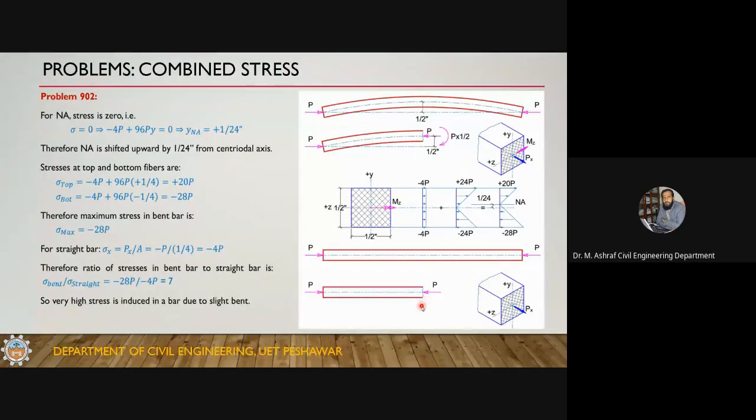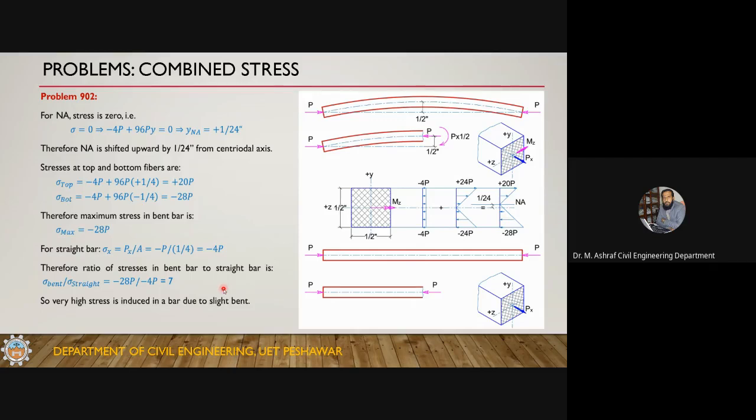You can imagine how high the stresses are. Suppose in the straight rod the stress created is 500 psi, then in the bent rod the stress created will be 3500, which is a very high value, 7 times of 500. Usually in our design we have a factor of safety like 2 or 3.